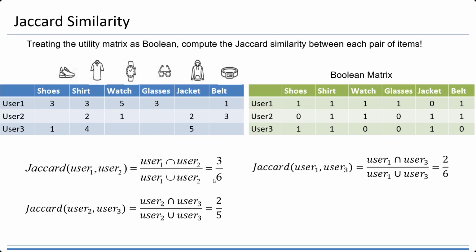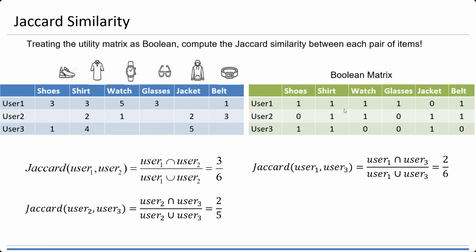We have 6. Why 6? This is the union between user 1 and user 2. The user 1 has 1, 2, 3, 4, 5.